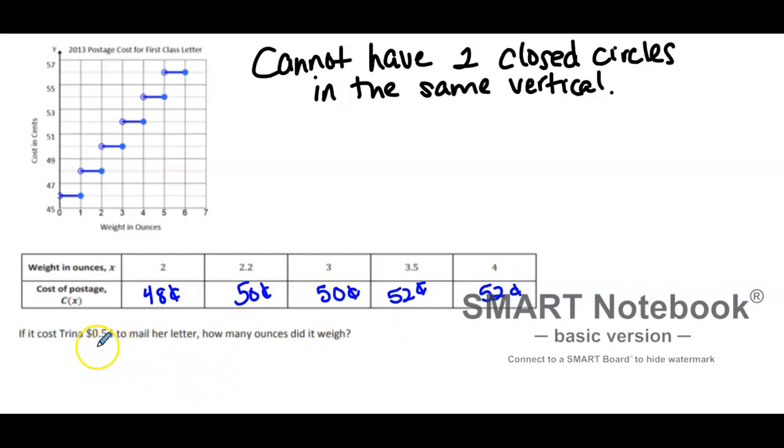If it cost Trina 54 cents to mail her letter, how many ounces did her letter weigh? If you're looking at 54 cents, you're looking at this interval right here.